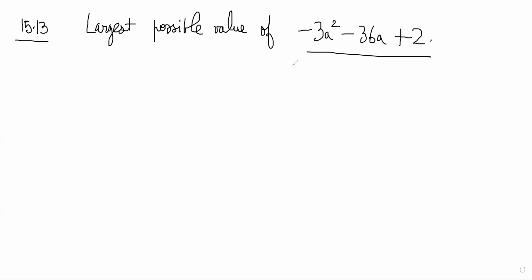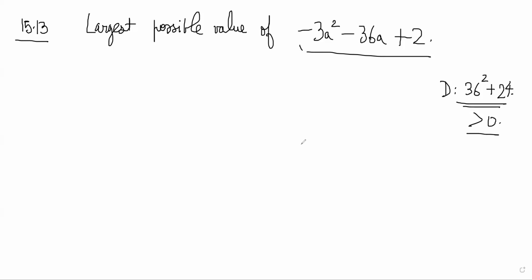Again notice that it's a quadratic that is downward facing. The discriminant of the quadratic is 36 square minus 4 into minus 3 into 2, so plus 24. So clearly the discriminant is positive, right?